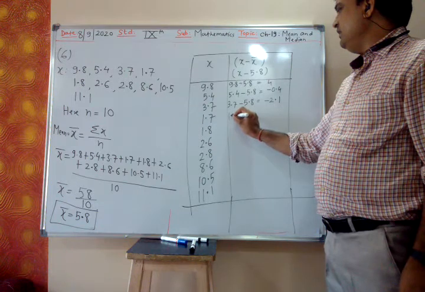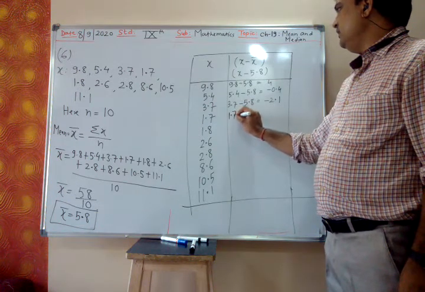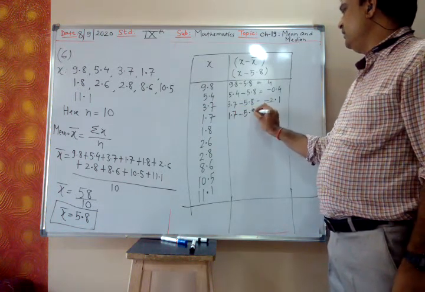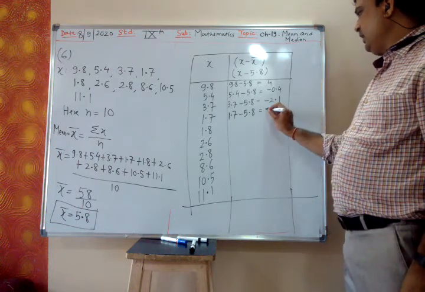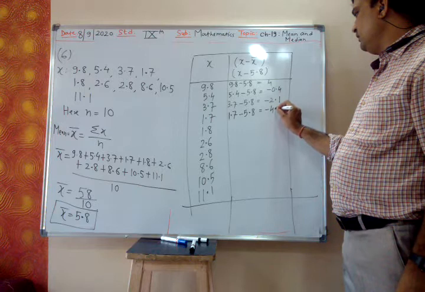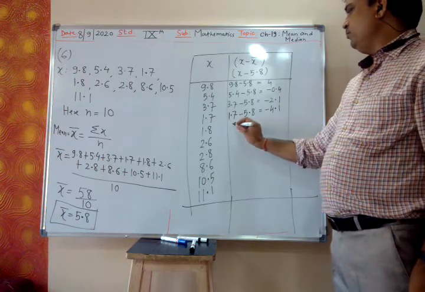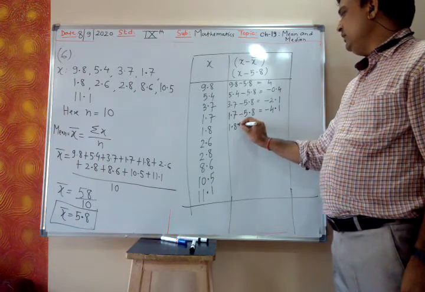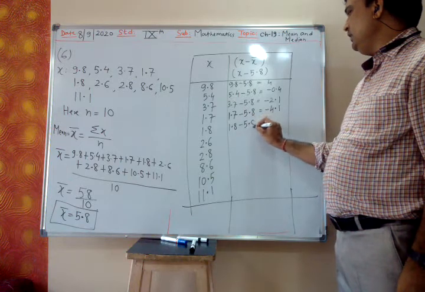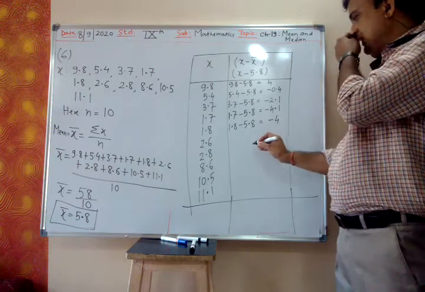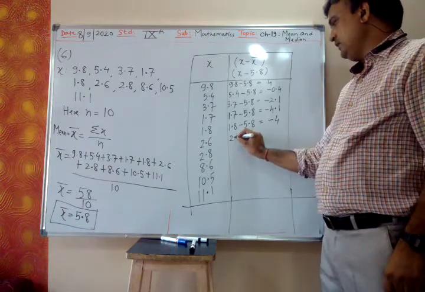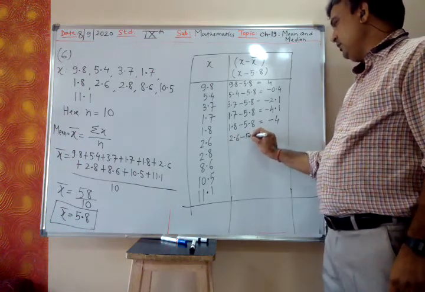Then 1.7 minus 5.8 is minus 4.1. Then 1.8 minus 5.8 is minus 4. Then 2.6 minus 5.8.